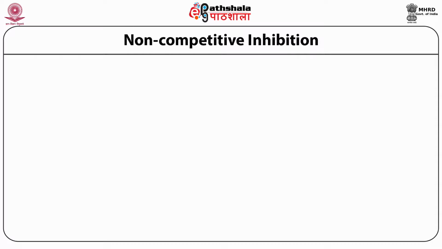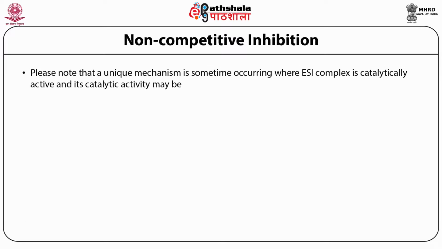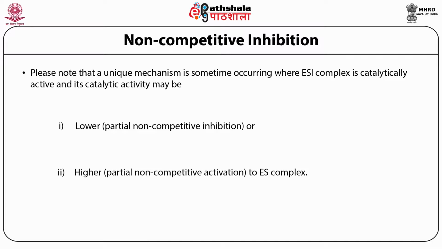It is very important to note that sometimes a unique mechanism takes place where the ESI complex, which most of the time we think will not form any product, is catalytically active. And once it is catalytically active, if it has lower catalytic activity, then it is known as partial non-competitive inhibition.